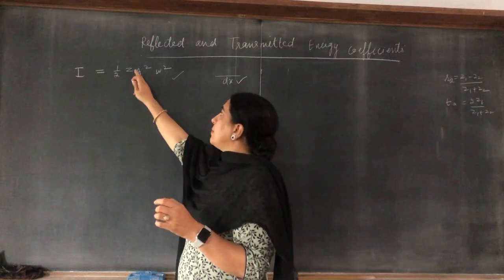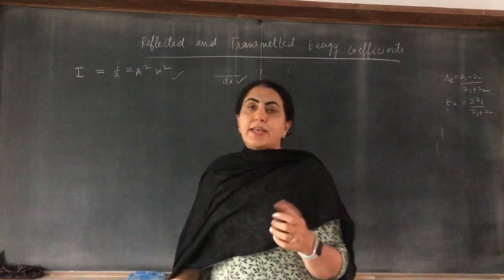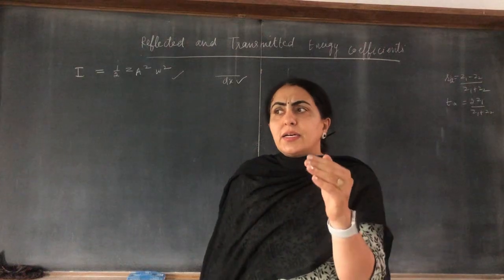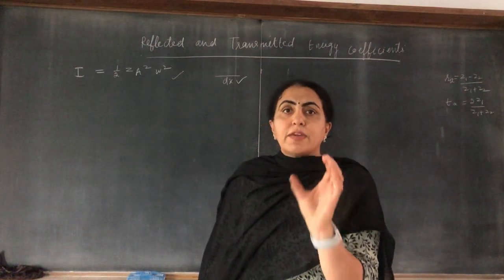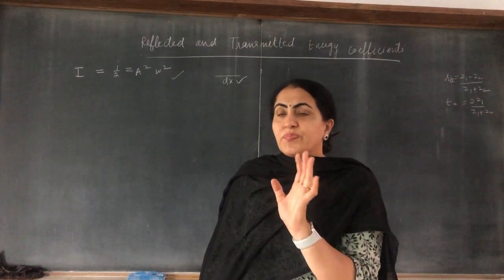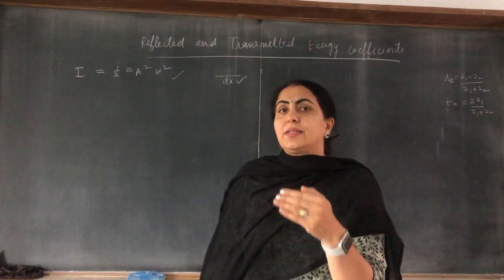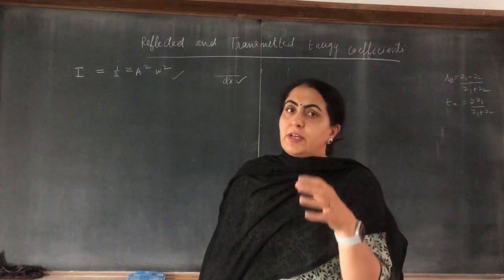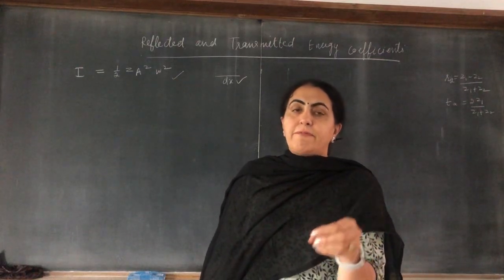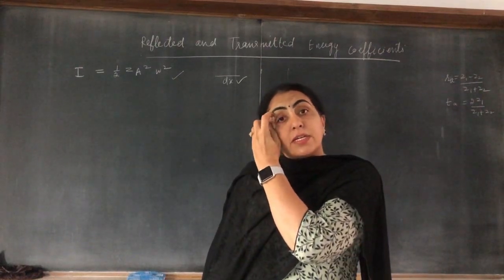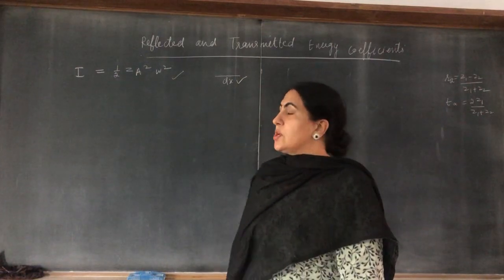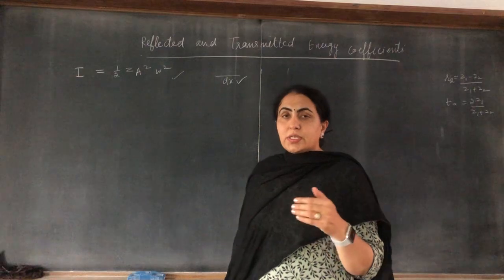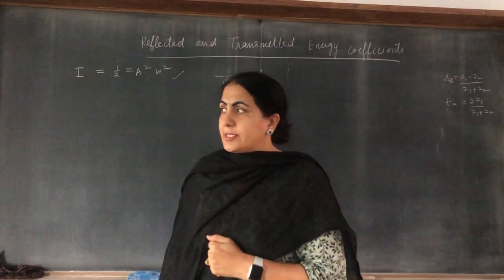It depends upon Z, A and omega, and the value of Z for a given string will be the same. So the rate of flow of energy will be the same everywhere for a given string at all times. So this is about the rate of flow of energy.